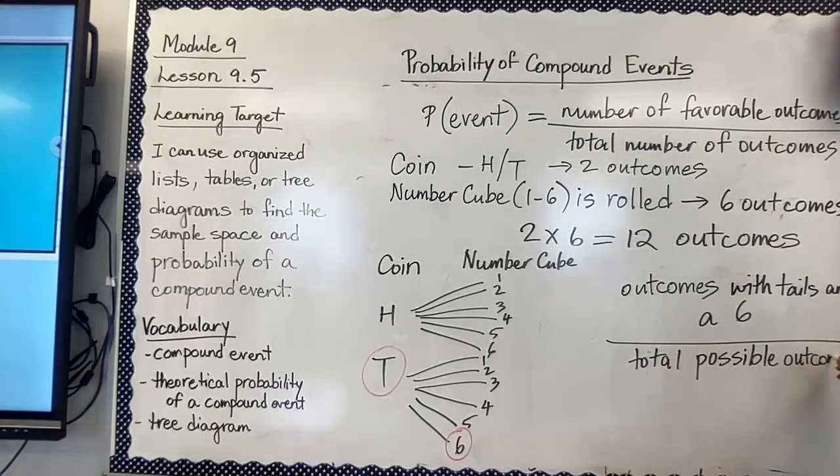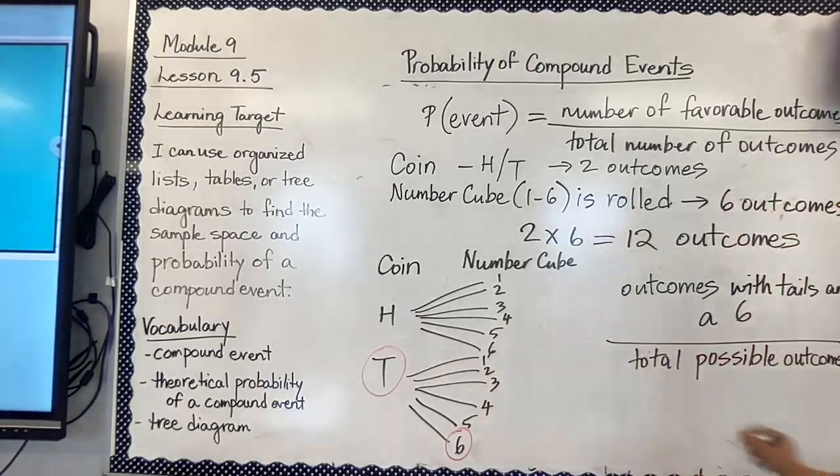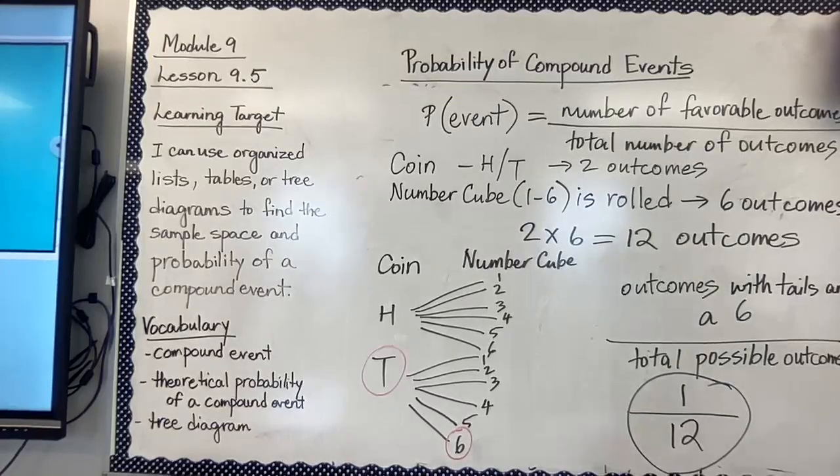So as you can see how I drew this out, we have tails followed by 6 is 1. That is one outcome possible, and total possible outcomes is what? 12. So this would be my theoretical probability of tossing tails followed by rolling a 6 is 1/12.